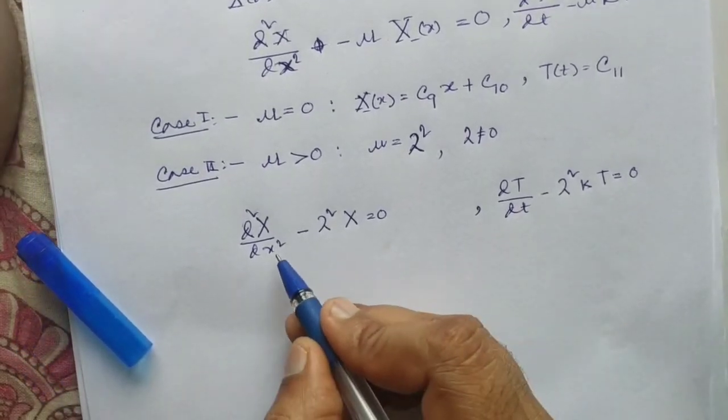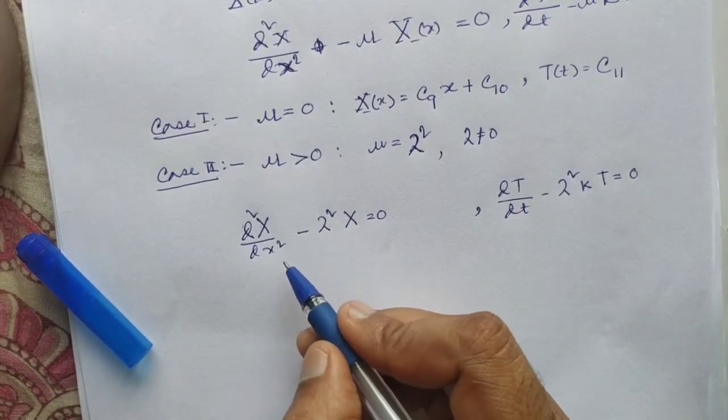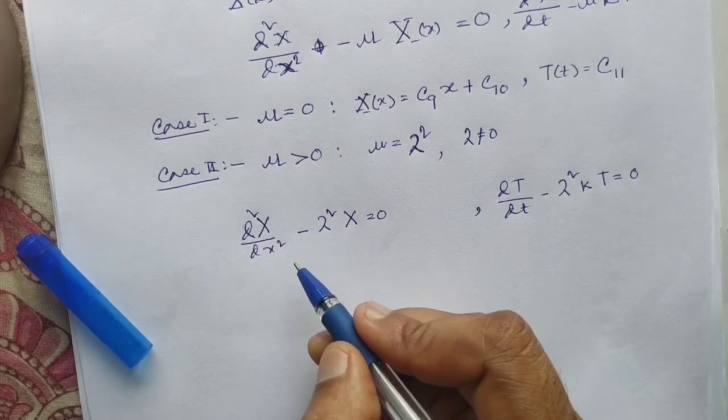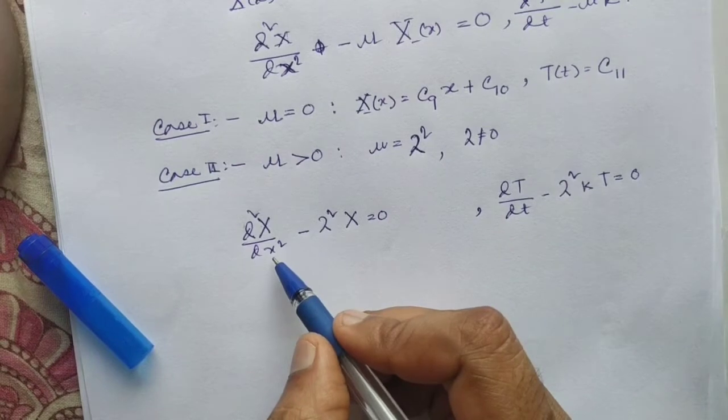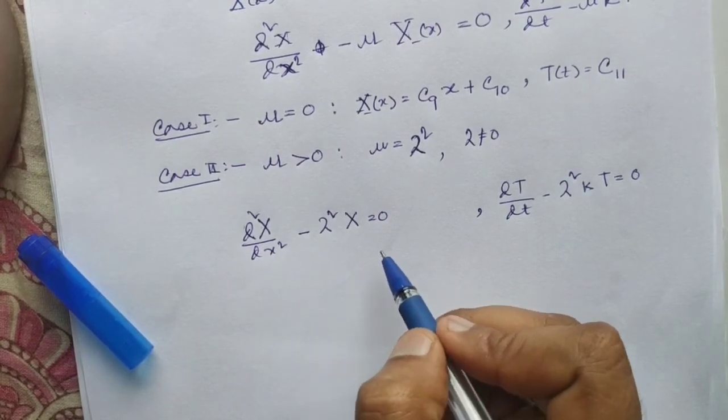Now solving, what we actually do is take some e to the power mx as the auxiliary function, and then you will have m square minus lambda square is equal to 0.